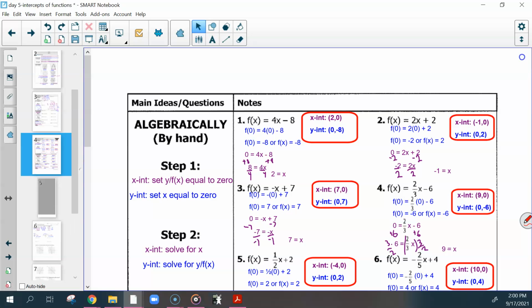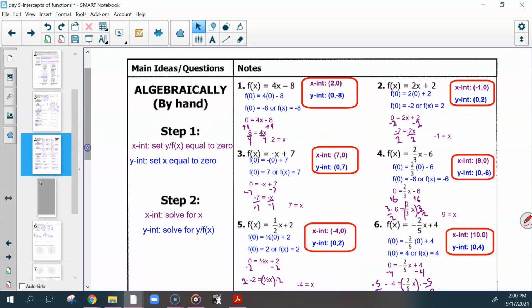So for that first page, the handwriting up here is really small, so I'm just going to read them off. Just check yours. Number 2, the x-intercept was -1, the y-intercept was 2. For 3, the x and y-intercept were both 7. For 5, the x-intercept was -4, the y-intercept was 2. Questions on those 3?